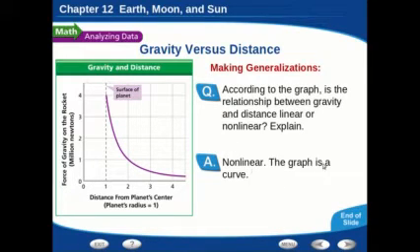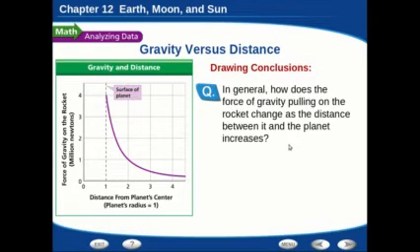So it's non-linear. The graph is a curve. In general, how does the force of gravity pulling on the rocket change as the distance between it and the planet increases? I want you to really take a second and think about this question. It's super important to build this connection in your mind about how graphs work. That way, when you get to high school, when you get to college, and you glance at a graph, you know what it means.